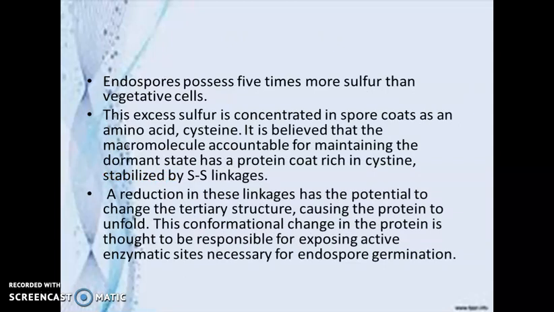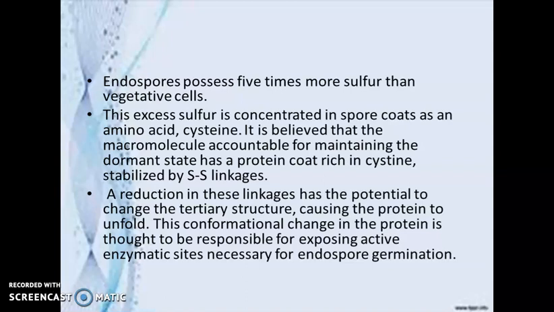Endospores possess 5 times more sulfur than vegetative cells, and this excess sulfur is concentrated in the spore coat, that is the outer coat, as the amino acid cysteine. So, the sulfur is accumulated in the spore coat in the form of the amino acid cysteine.